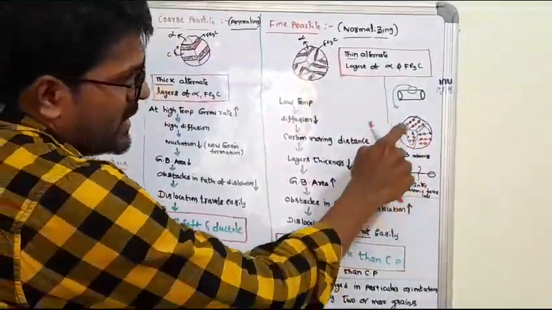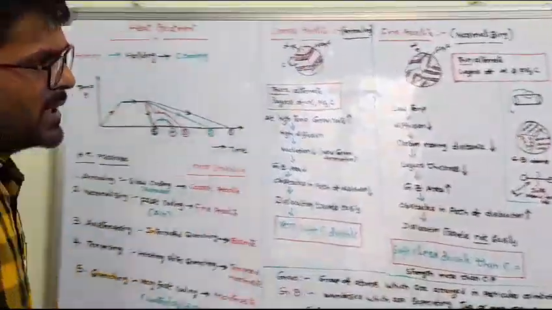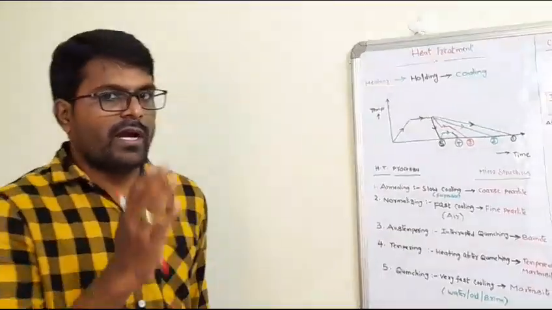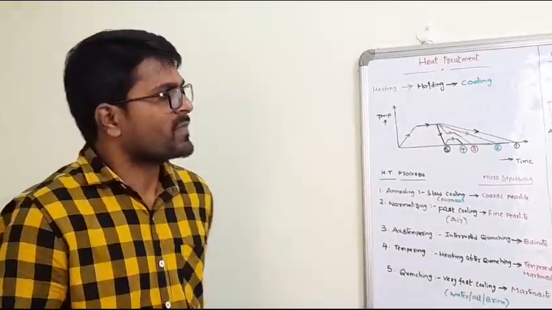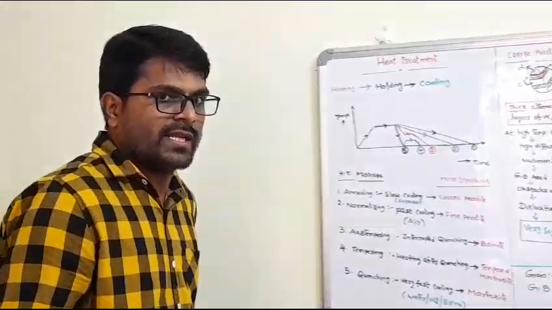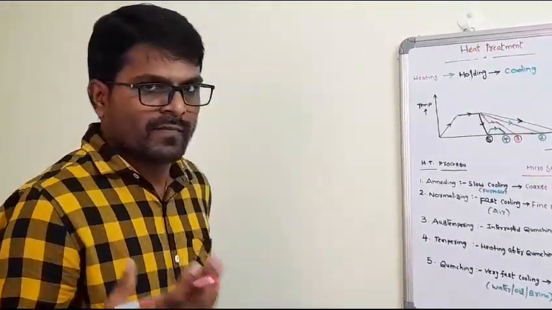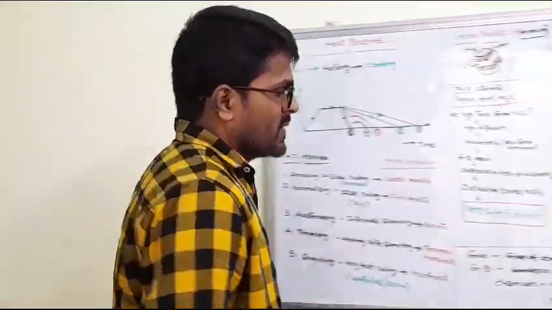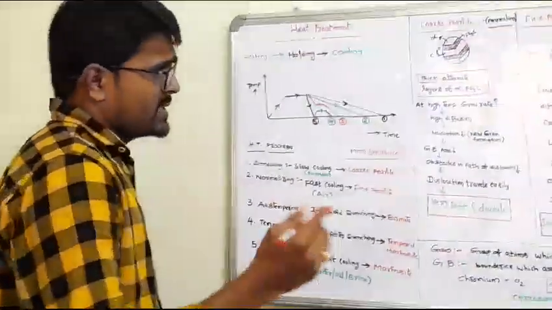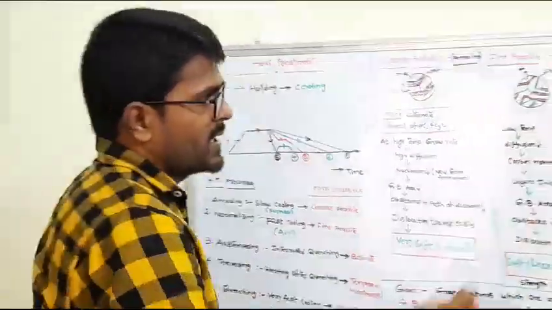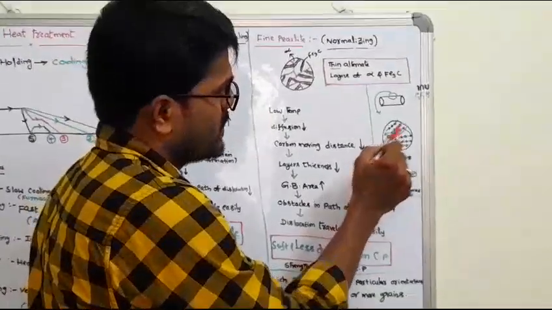That is called grain boundaries. So from the microscopic point of view, we have to check the properties. Material science mainly deals with this microscopic point of view.